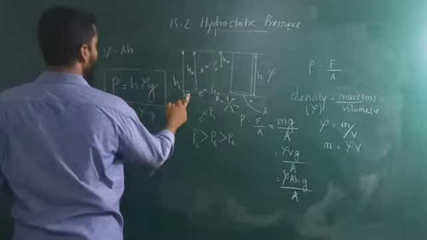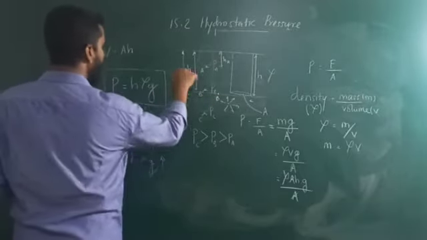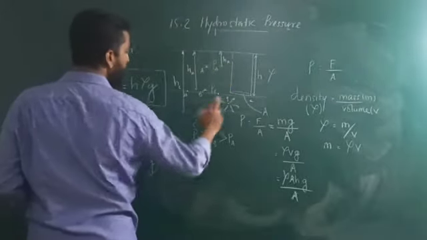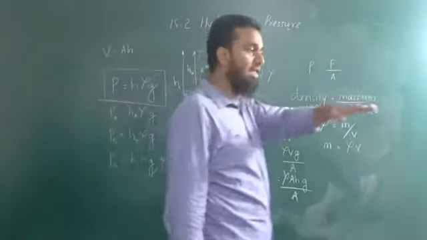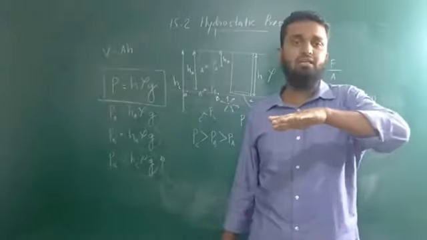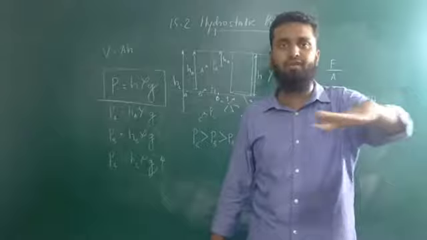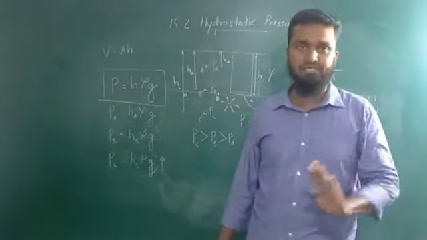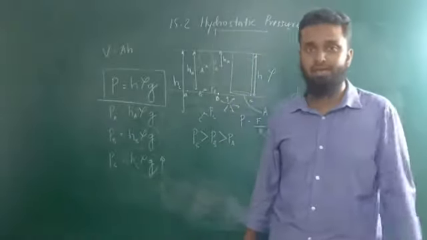The rho is equal for all, g equal for all, h also equal for all, right? Therefore, PA is equal to PB is equal to PC. Then if you consider a horizontal level or horizontal plane, the pressure is going to be equal in all the places. That is a very important third point. Keep this in your mind.